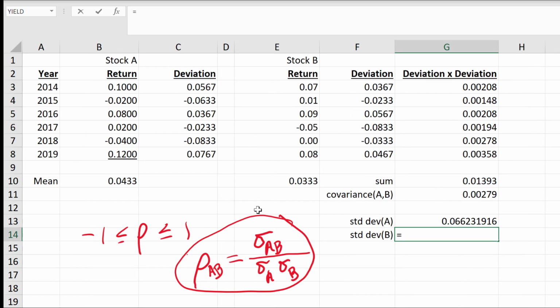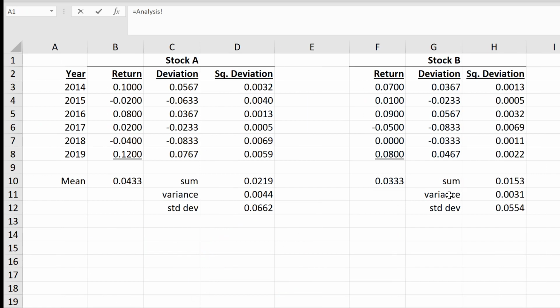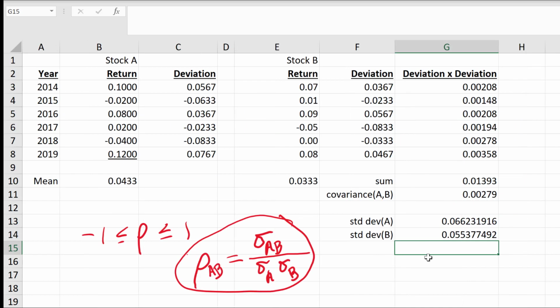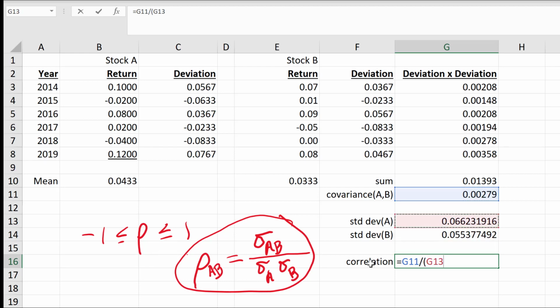And I just went back, and in that same sheet where I calculated A's standard deviation, I repeated the process for stock B, so we have that as well. And so here's B's standard deviation. So I'll put that there. And so the correlation, or rho, is just the covariance divided by the product of the two standard deviations.